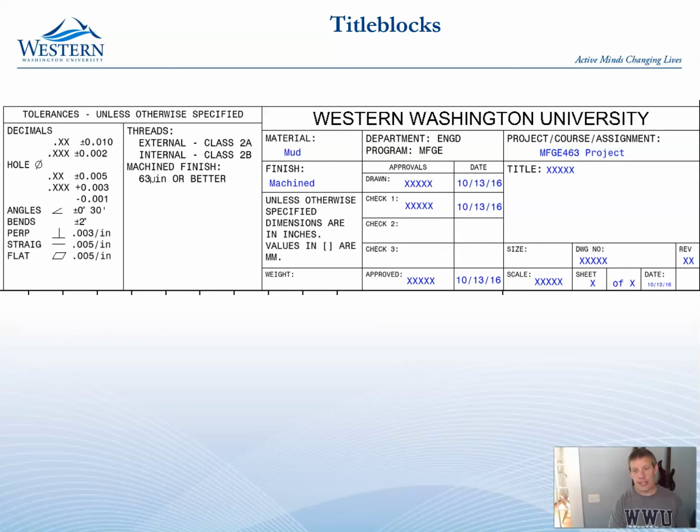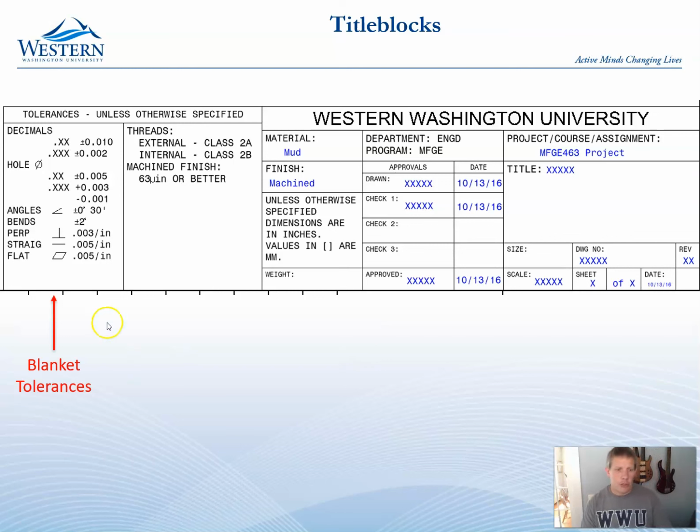But let's look at the things that have to be in the title block. First of all, I don't ever want to see XXXXX in your title block. All that tells me is you did not fill out the title block. All the places that have X's have to be replaced with something, or deleted, but most of them have to be replaced when you turn it in.